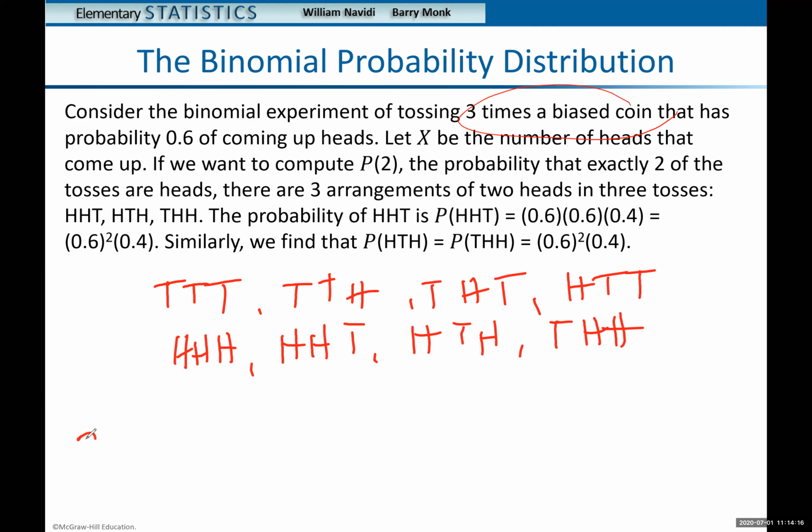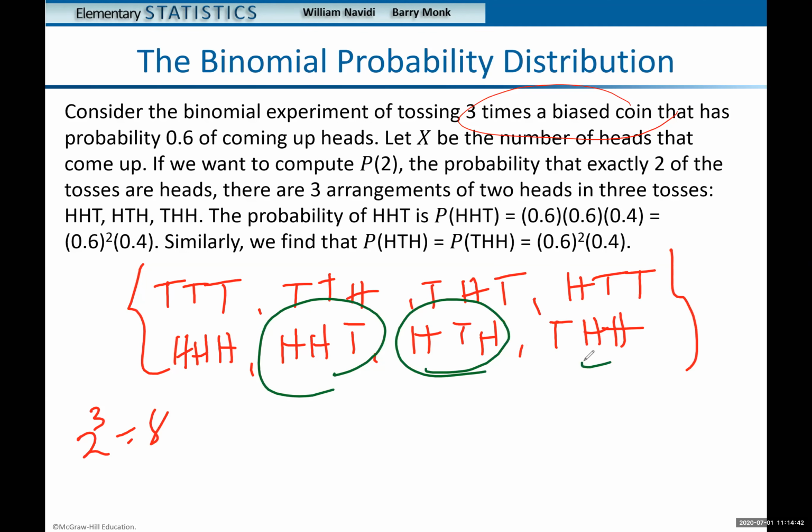To compute that, since it's either tails or heads, and 3 times, it's 2 cubed, which is equal to 8. So you have 8 possible outcomes. If you want the probability that exactly 2 of the tosses are heads, they are HHT, HTH, and THH.